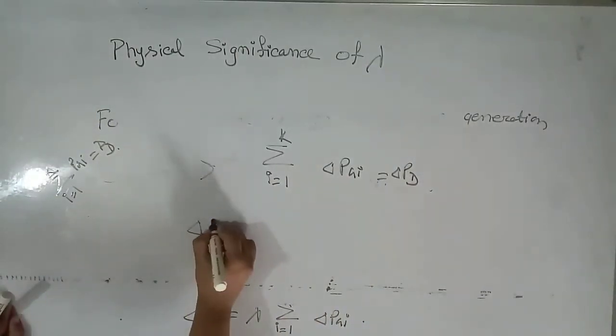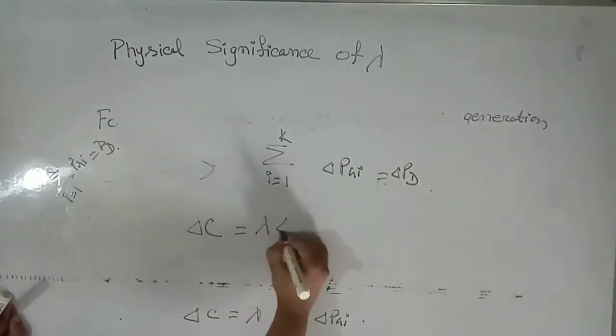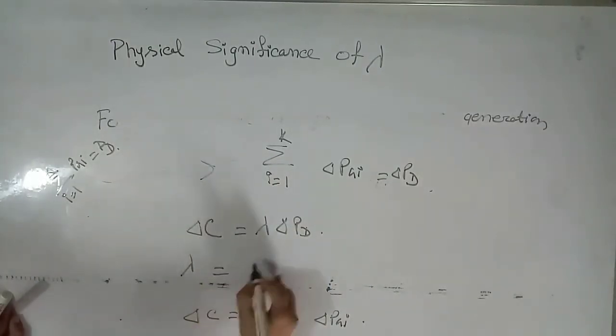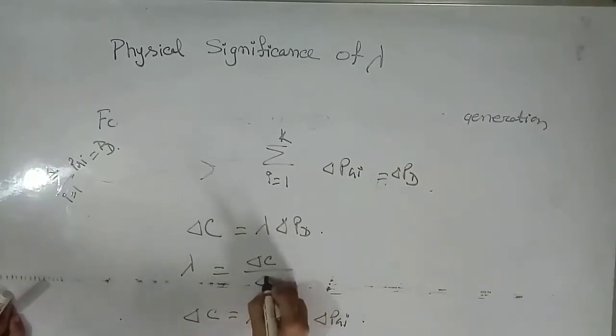So delta C equals lambda delta PD. So lambda equals delta C by delta PD.